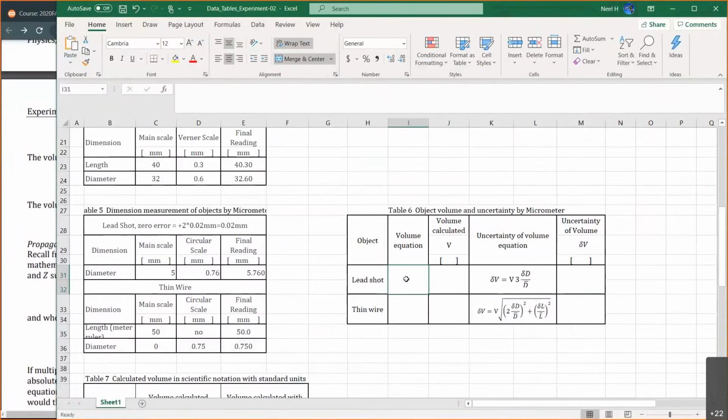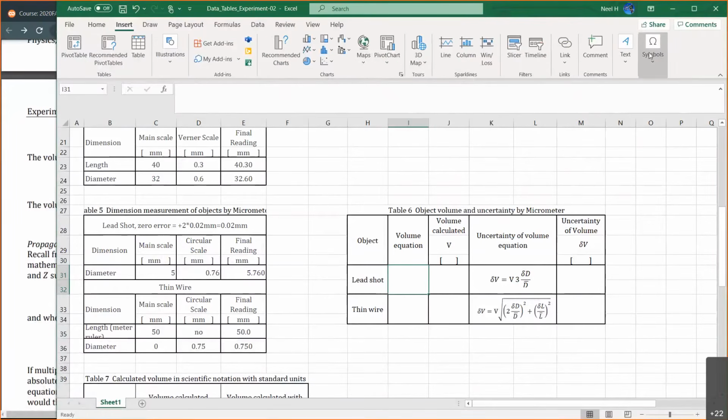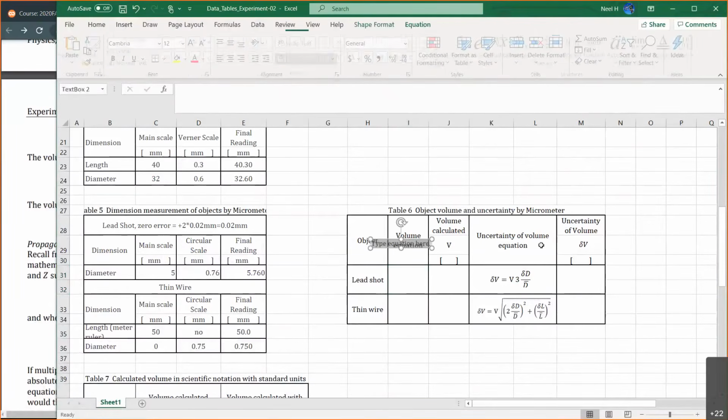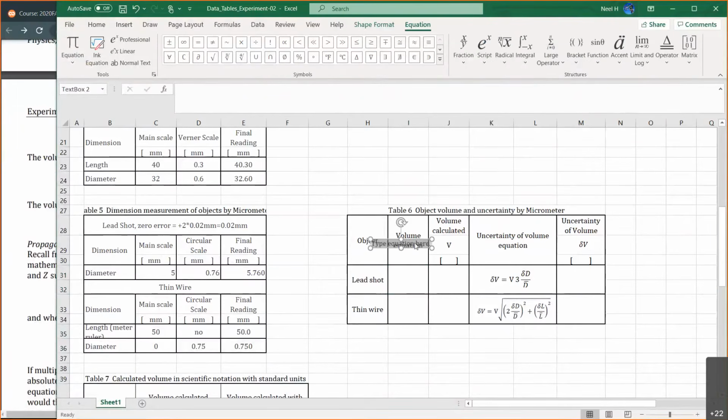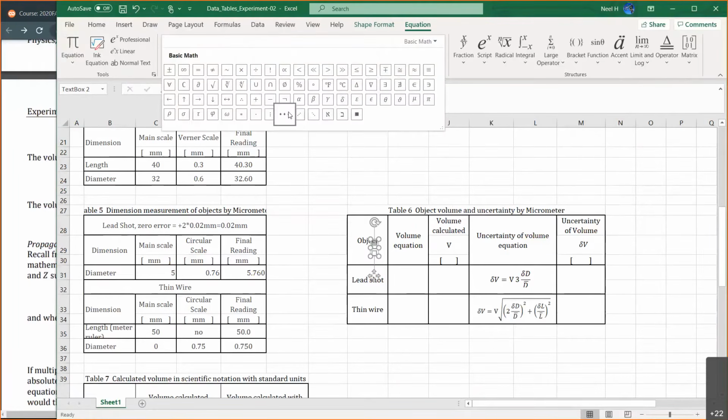If you want to write down any equation, you always have to use insert, symbols, equation, and it will appear anywhere, doesn't matter, but you can format it nicely. I need division there. On the top, I need pi. You can select that on this selection tool here.